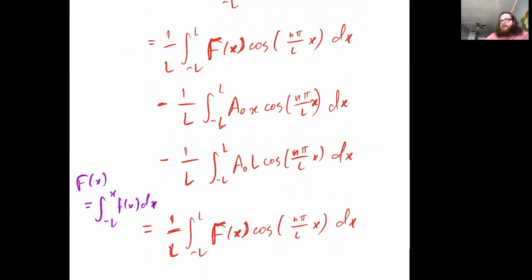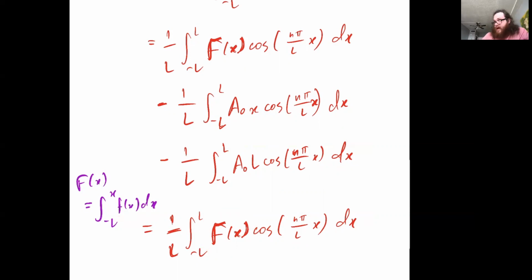So now we're integrating the integral of something times something else, and we're going to evaluate that. It would be nice if we could relate this to little f.